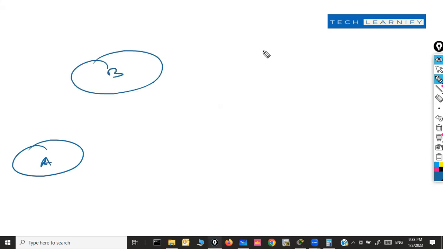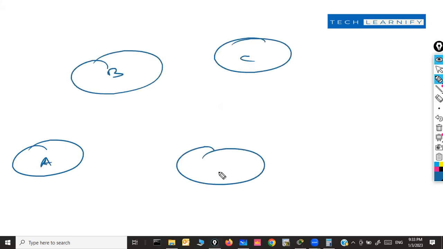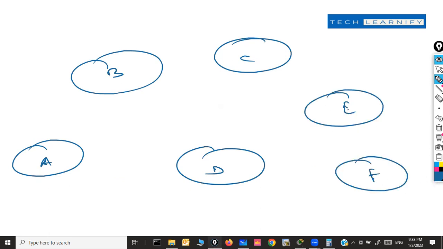What if your organization, your company has maybe 20, 30 different locations, one network here, location A, location B is another network, location C, location D, location E, location F, different networks, different locations. You have routers everywhere. One router here, the entry and exit point for this network, one router here for this network, a router here, a router here, a router here.